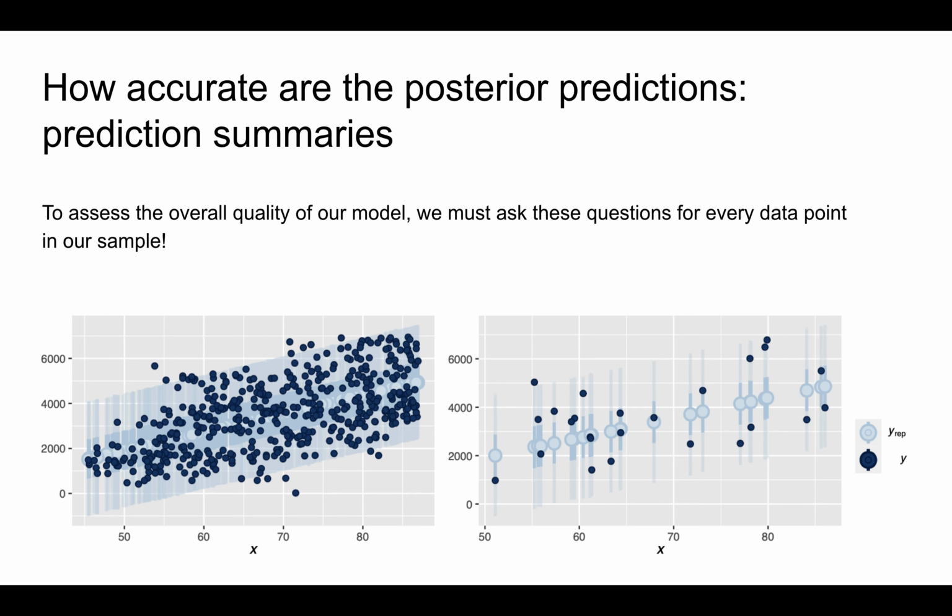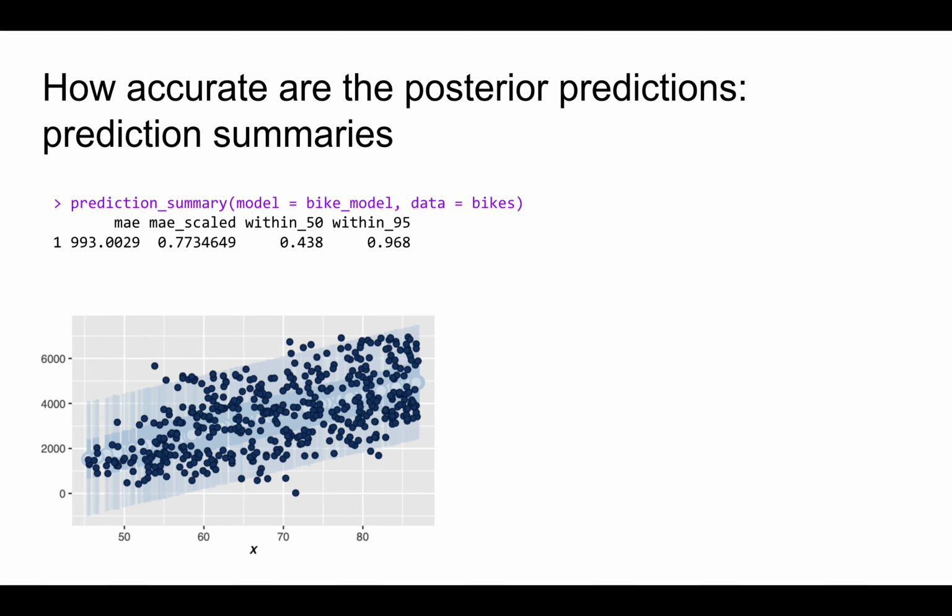Thus, this plot provides a visual tool to assess the distance between our observed ridership values and their posterior predictive medians, as well as the coverage of the posterior prediction models. We can also numerically summarize this information using the prediction summary function in the Bayes rules package.